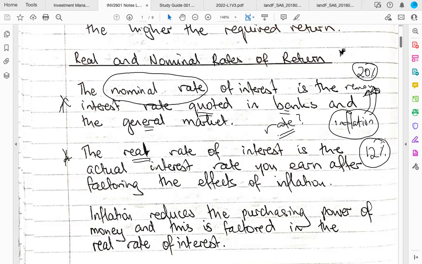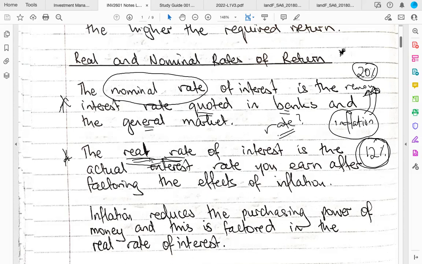The rate of return you have left after accounting for inflation is known as the real rate of return. This is what you really earned after we factored in the effects of inflation.